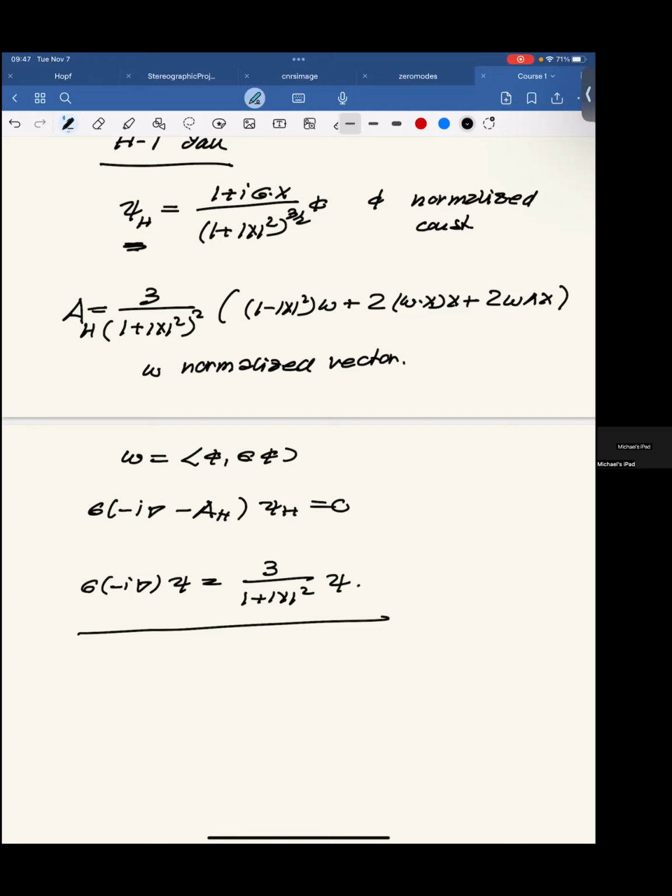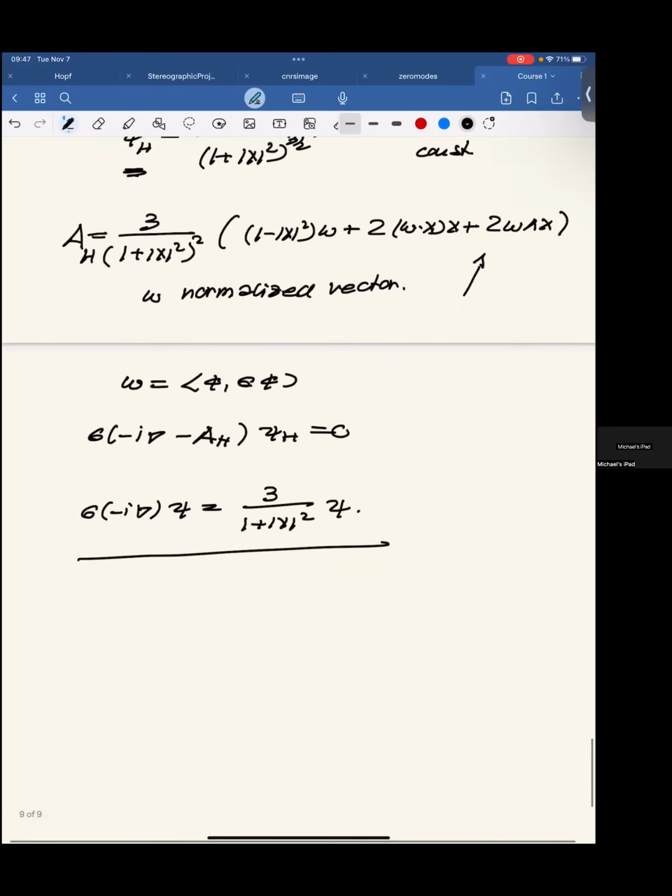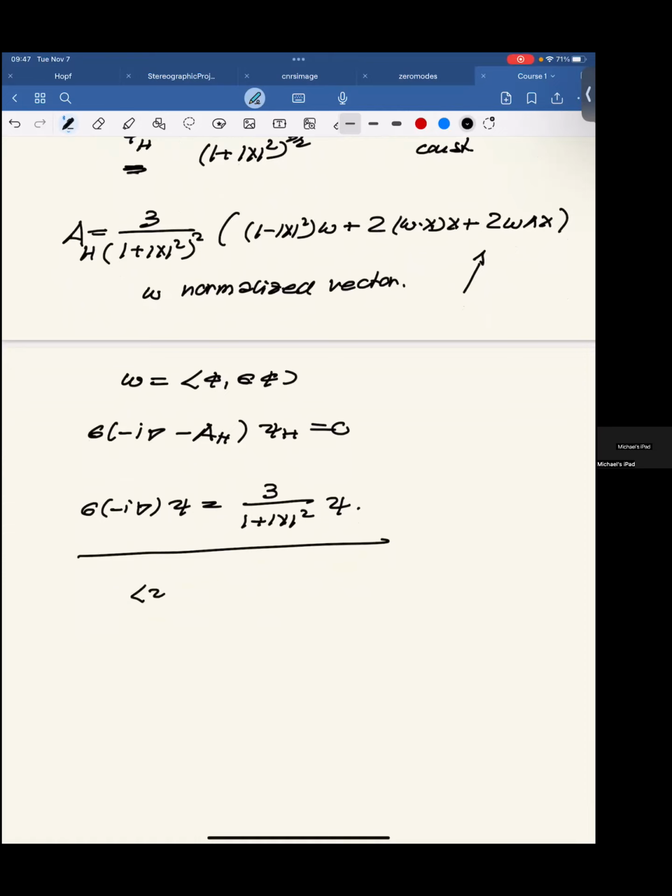And you see, once you realize this, it's very easy actually to cook up this magnetic field or this vector potential. And the way you do it is this: you remember that when you take psi, sigma psi, you divide by psi psi, and you multiply by that, this equals psi.